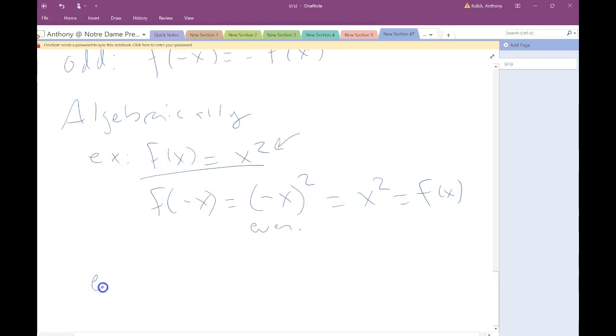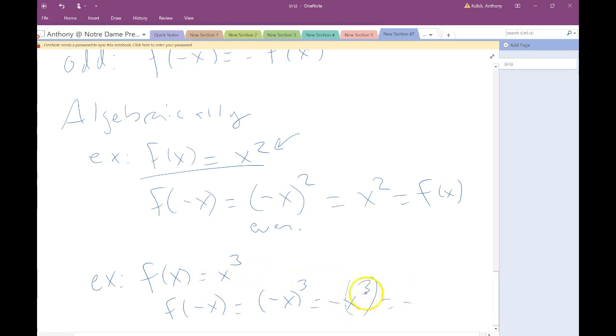Okay. Let's now consider x cubed. Again, I'm going to start the same way. I'm going to look at f of negative x. That's negative x cubed, which is the same thing as negative of x cubed. Which is, in fact, negative.